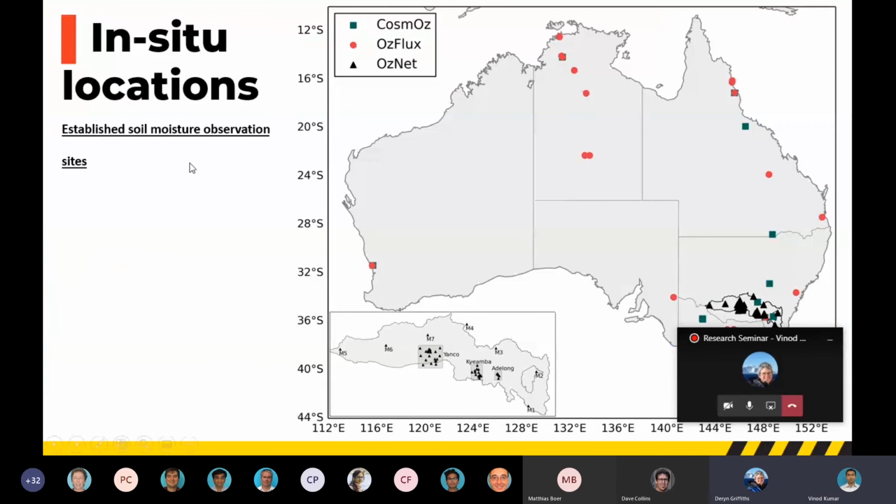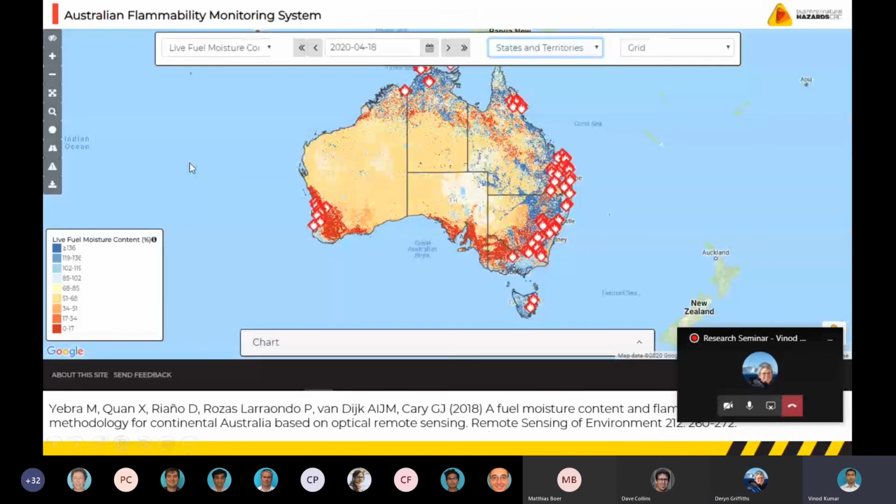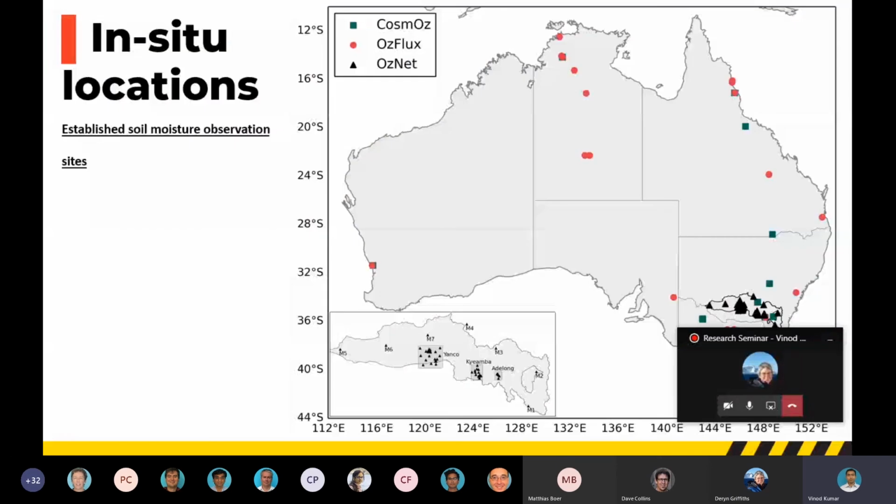Okay, so in situ locations. Good, I can now move to my next slide. Sorry for all the trouble. Our starting strategy is to analyze the relationship at various locations corresponding to 3 soil moisture networks.